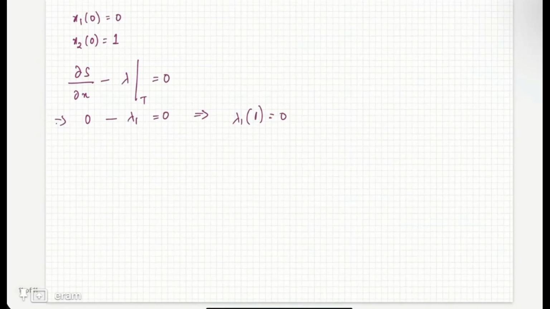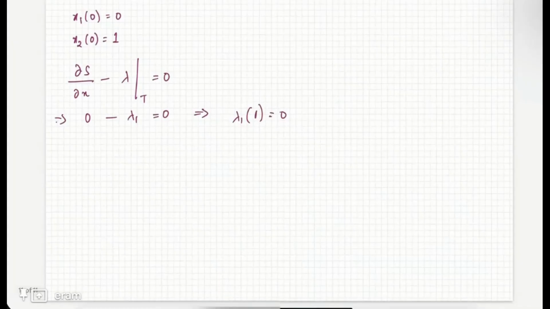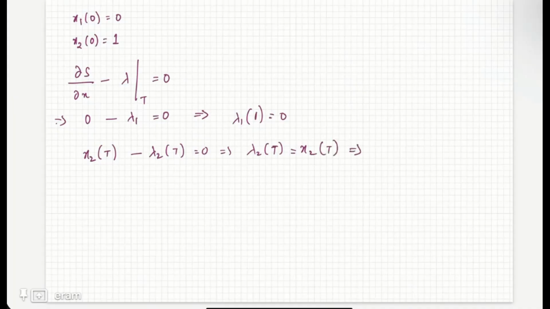And its derivative, so this is for x1, and with respect to x2, it will give us x2 only. So x2 at t minus lambda 2 at t equals 0. That means lambda 2 at t equals x2 at t.